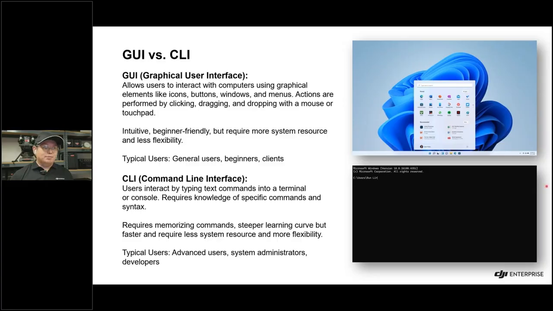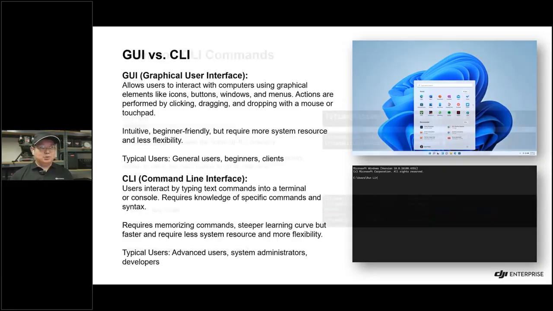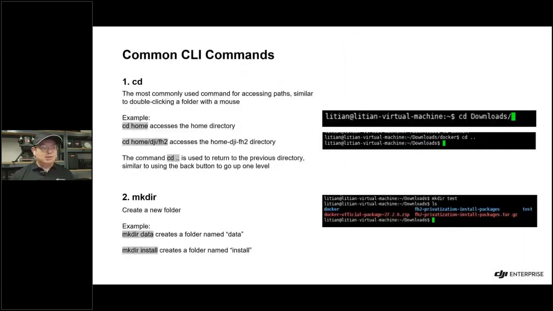But there are some CLI commands you will have to know in order to proceed with the installation. There are many videos on YouTube covering these. I'm just going to cover some essential ones. You will need to know what they do when it comes to installing FlightHub 2 on premises.